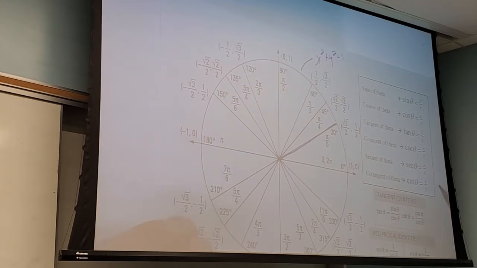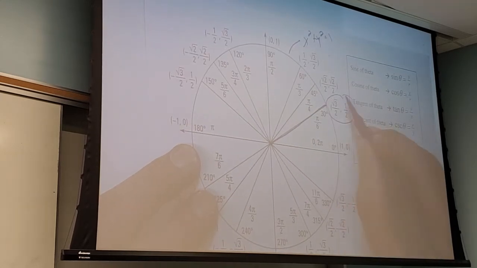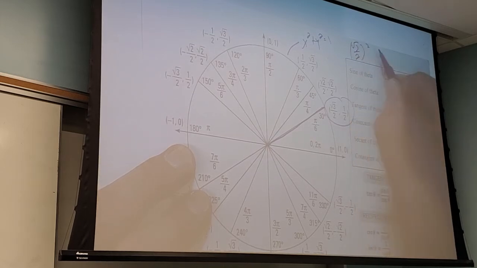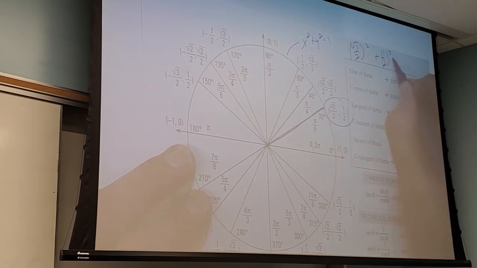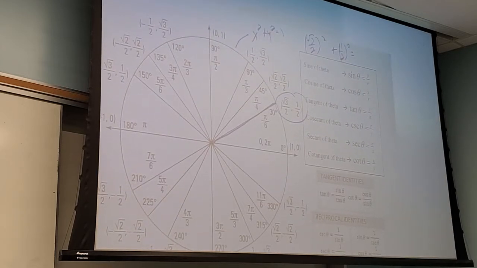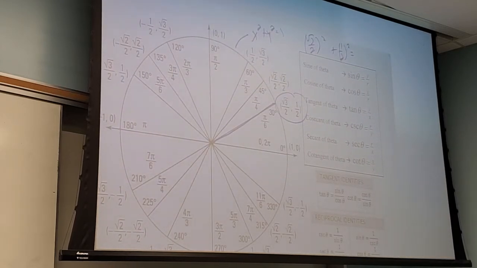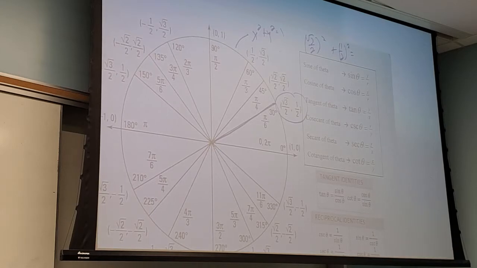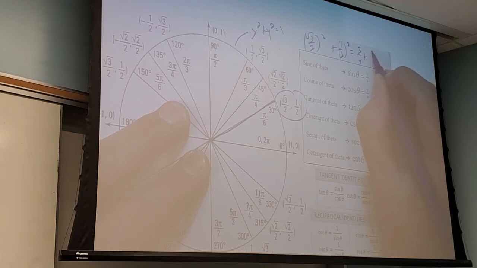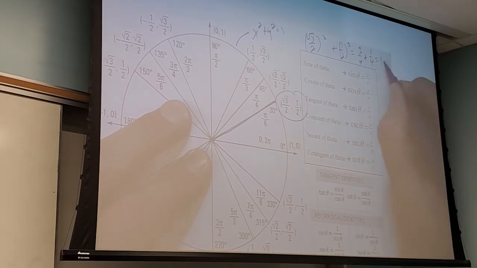Let's check this. If I take this point right there, what is the square root of 3 over 2 squared plus 1 over 2 squared? What's the square root of 3 squared? 3. And what's 2 squared? So I get 3/4 plus 1/4, and that is 1. Check.